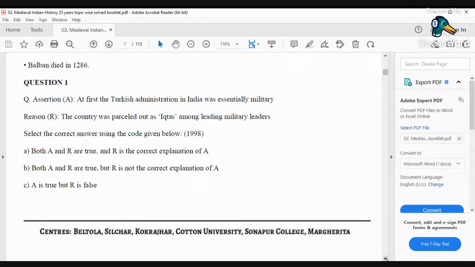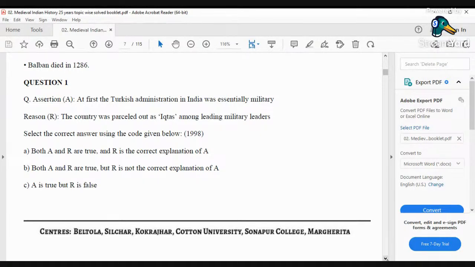As far as the reason is concerned, we don't have any issue with this statement because this is right. The system of dividing the newly conquered territories in the form of iktas for better administrative purposes was started by Iltutmish.